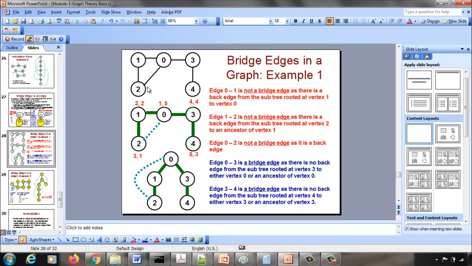On the other hand, if I remove this edge 0, 2, all the vertices are still going to stay connected. Similarly, if I remove 0, 1 or 1, 2, all the vertices are still going to stay connected. So we can call 0, 3 and 3, 4 bridge edges, whereas the other 3 edges are not bridge edges. So given a graph, how to decide whether an edge is a bridge edge or not?